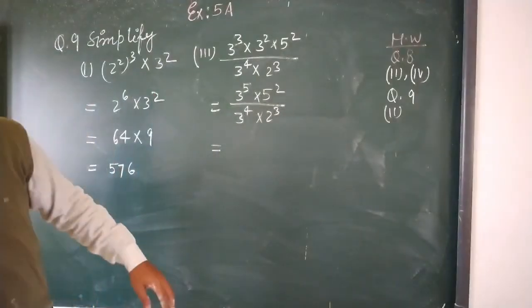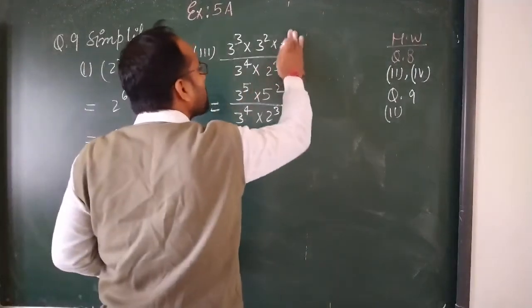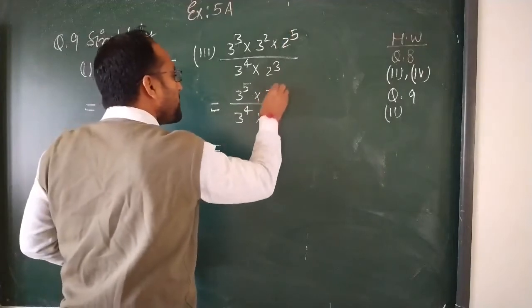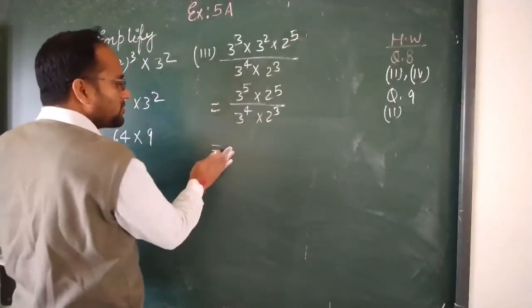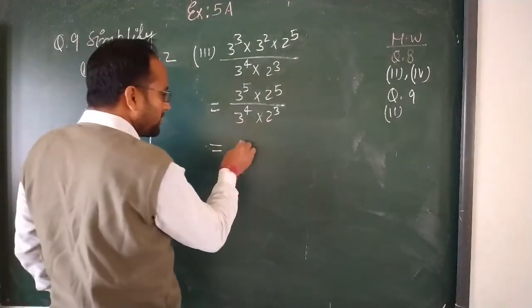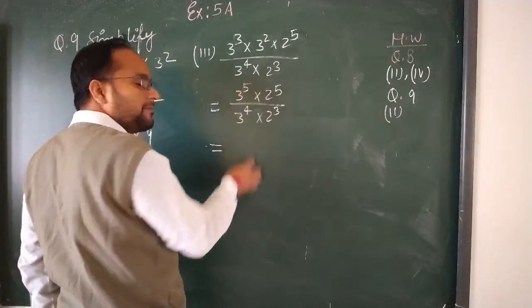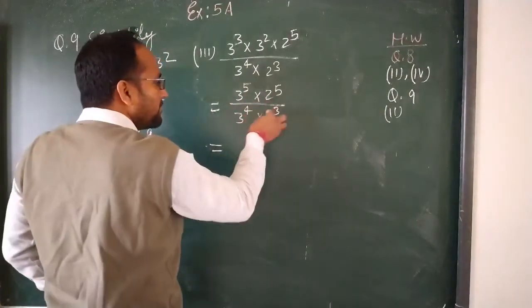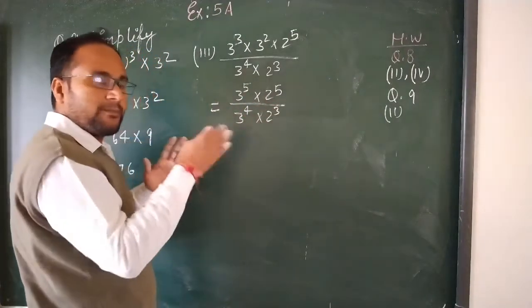Sorry, here is your question. In the question it is given 2 to the power 5. Okay, 2 to the power 5. So sorry for that. So after that you will subtract the same base powers. Okay, because in division you will subtract the powers.